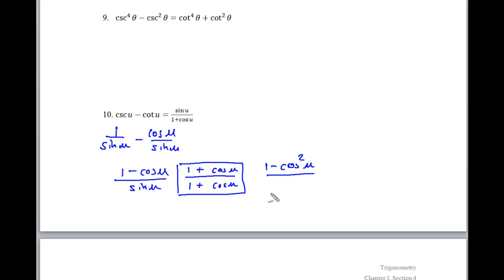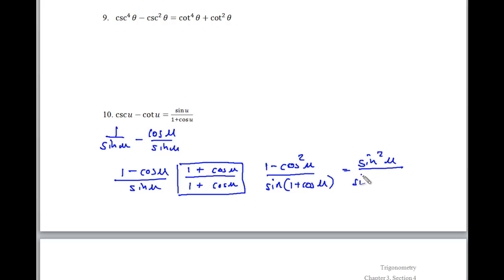And then here I'm going to have this as sine times 1 plus cosine u. Now, the reason why I'm not going to actually distribute the sine of u, forgot my u, the reason why I'm not going to distribute my sine of u back into this binomial is because you can see that I want that 1 plus cosine u. It looks like I'm getting closer to my answer. Well, lucky for me, 1 minus cosine squared u is equivalent to sine squared u.